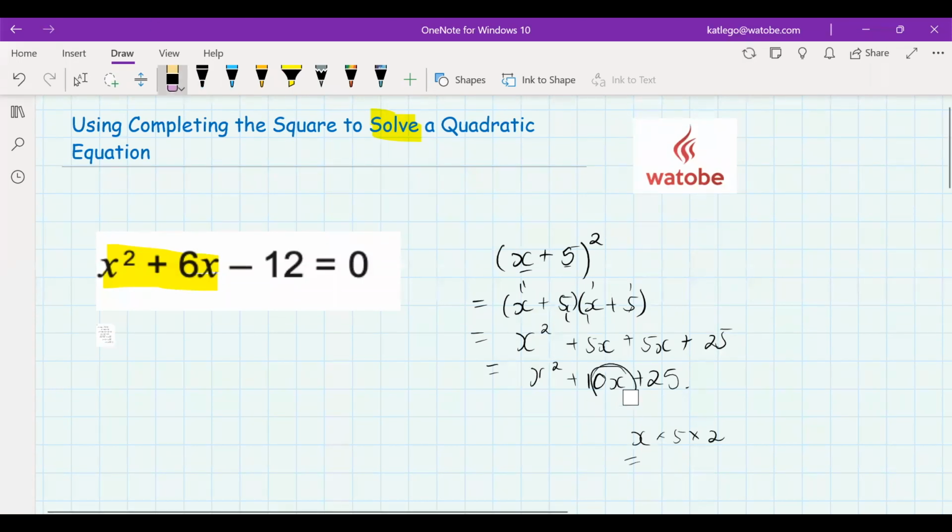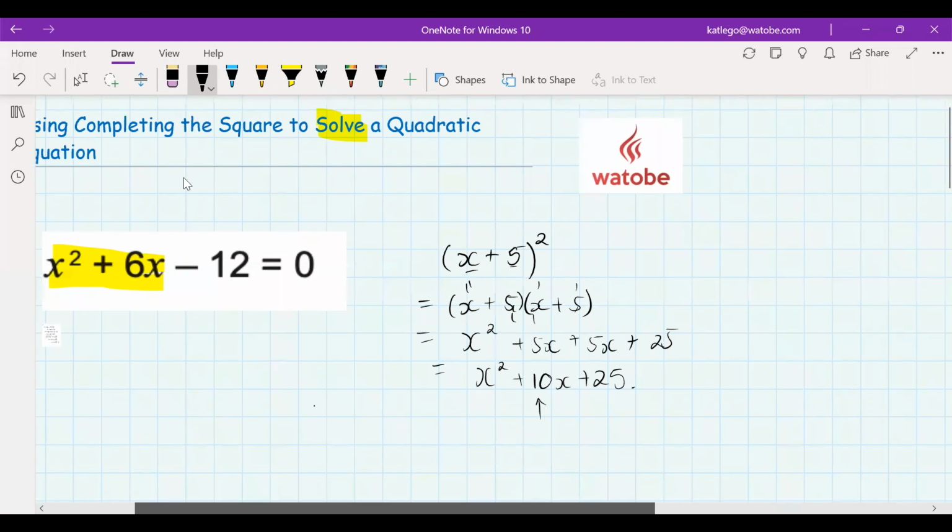Can you all see that now? The 5 was in the question, in the brackets. Don't look at what's on the side. We're not working with this right now. This is what we're doing.